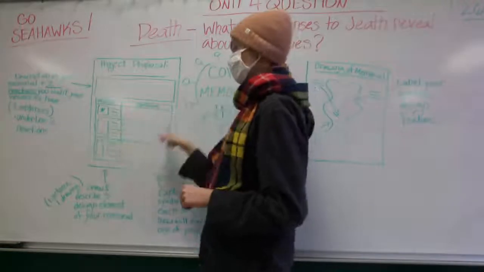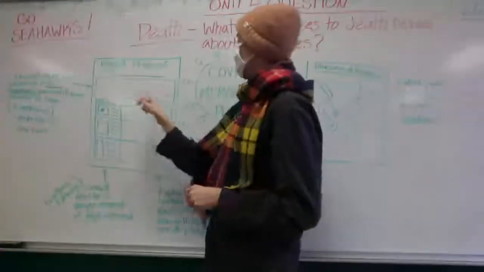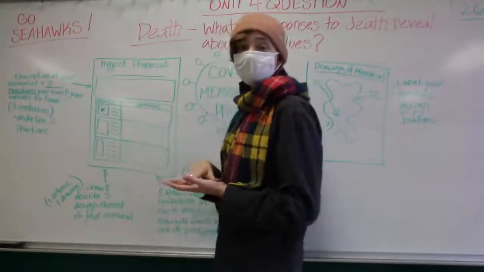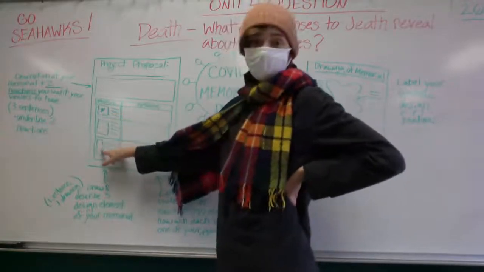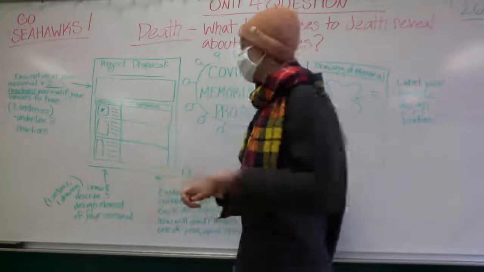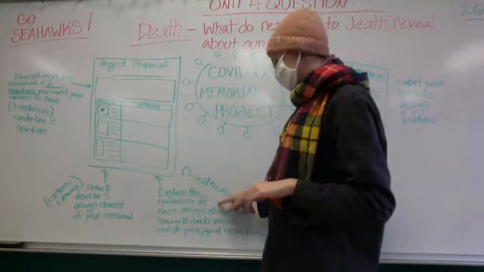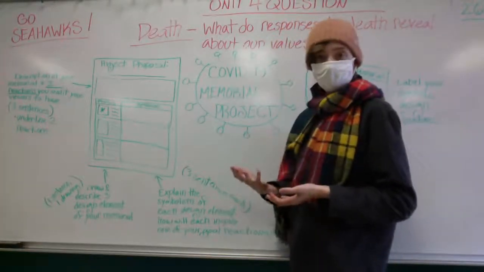Then you will make a table that looks like this. One column will be labeled structure, one will be labeled symbolism. In the structure column, the same way that we've been doing for the classwork this week, I want you to draw 3 little pictures of 3 specific design details. I want you to describe each of those design details. In the symbolism section, you will explain the symbolism of each design element and why you've represented it that way.